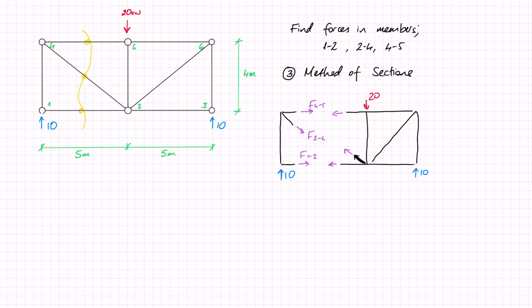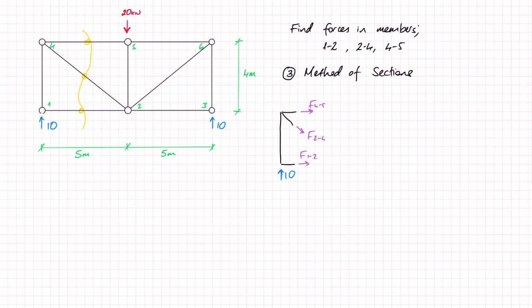And now that I have this, I can completely discard the side that I'm not going to be working on. I am going to choose to work on the left-hand side, and that's because it just has fewer forces. That's my only reason. So let's discard the right-hand side, as we won't be needing it for finding these internal forces.